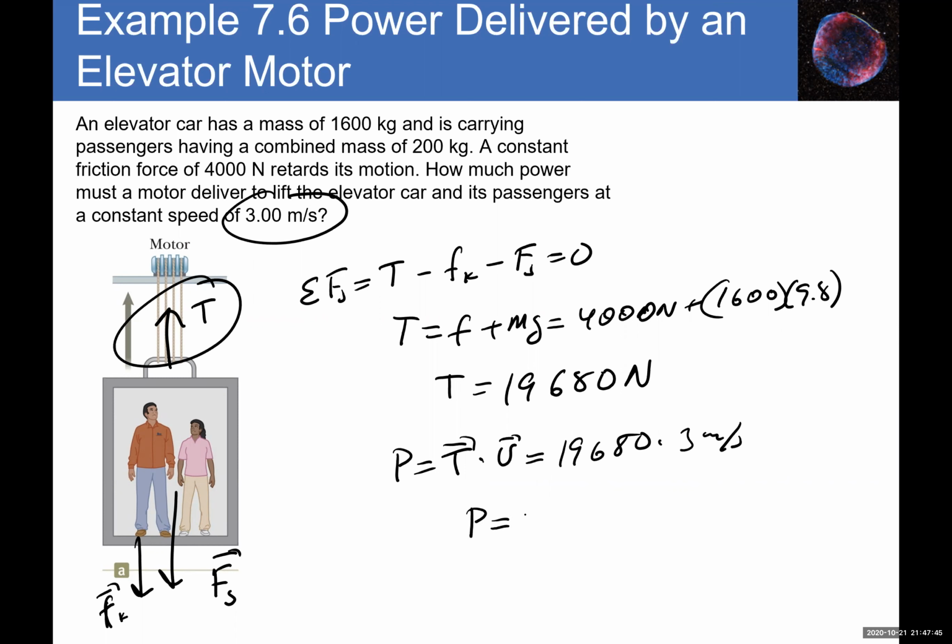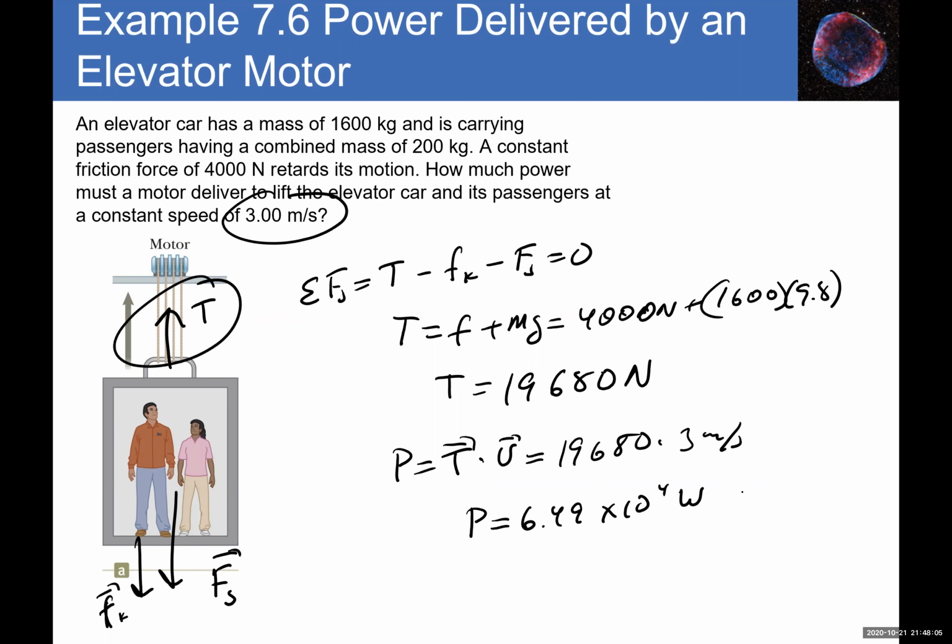Then the power here is 6.49 times 10 to the 4 watts. Basically this is times 3, and we can get this value.